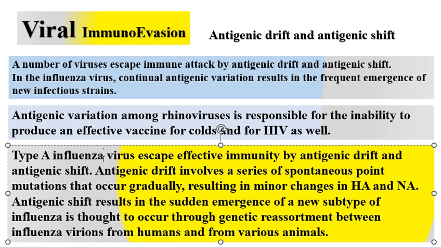Reassortment means exchange of genes. In some instances, it is not necessary for the virus to upregulate new proteins from new genes, but these viruses may exchange their genes. For example, a human virus may exchange genes with a similar virus that affects animals, and this is known as genetic reassortment.